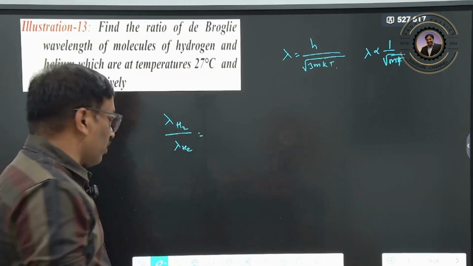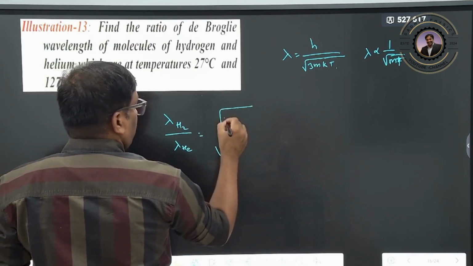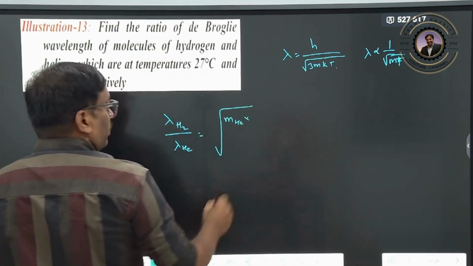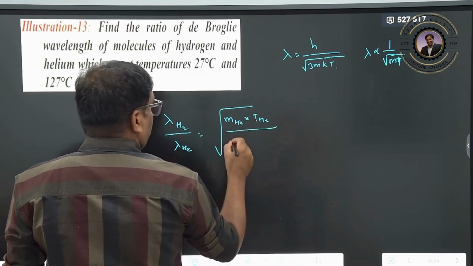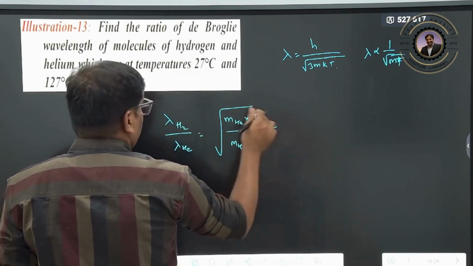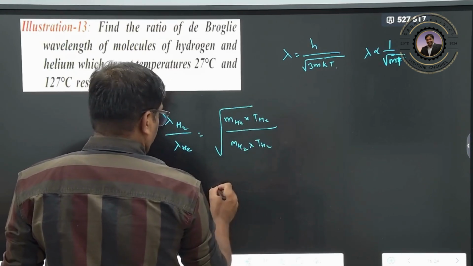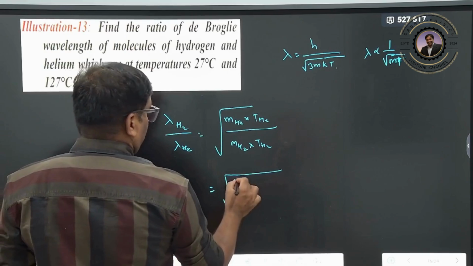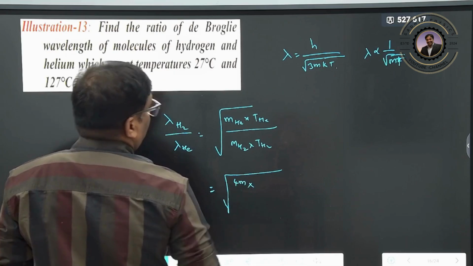So you can rewrite it as inversely proportional to root of mass of the helium into temperature of the helium, by mass of the hydrogen into temperature of the hydrogen. Mass of the helium you can write as 4m, into temperature of the helium.